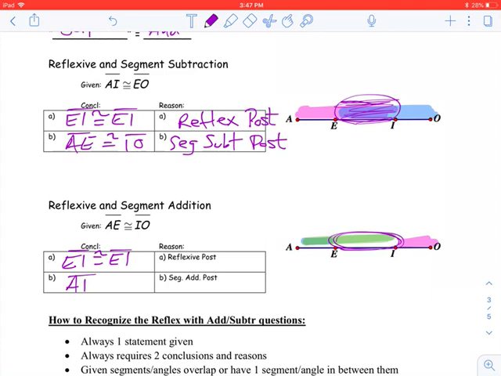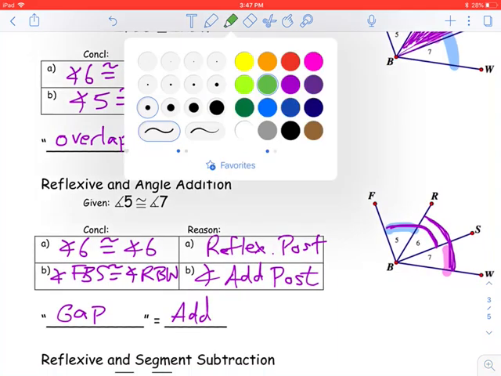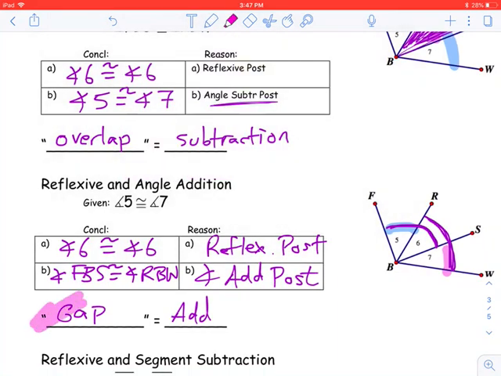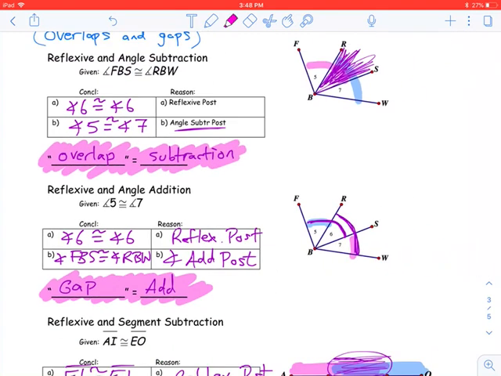So AI congruent to, and then combine the other one, OE or EO, either way. Segment addition postulate, okay? So again, these two concepts right here are what we need to make sure we understand. Anytime there's a gap, we're going to add that gap to it to make those equal. Anytime there's an overlap, we're going to subtract it off to get what's left, okay?